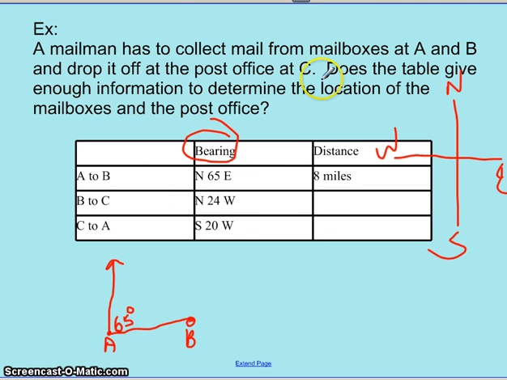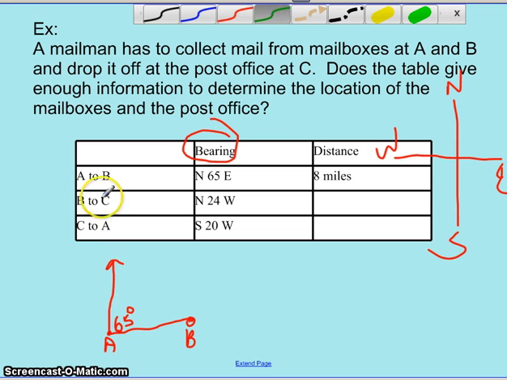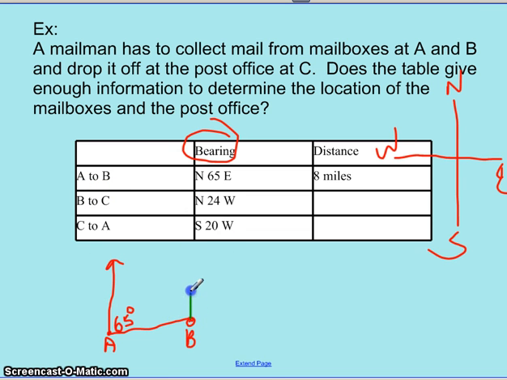And then it says to get from B to C, we head north again, and then we open up 24 degrees to the west. So this angle right here would be 24 degrees. And then that's going to get us to point C right there.